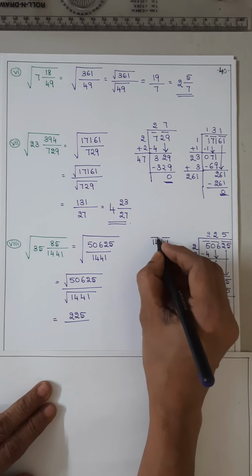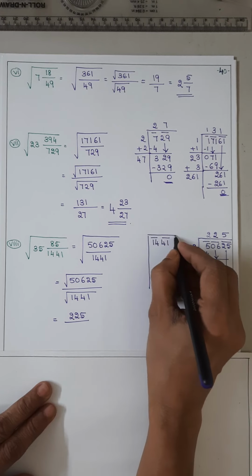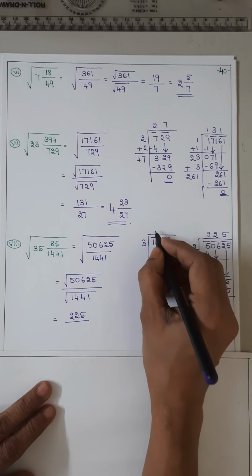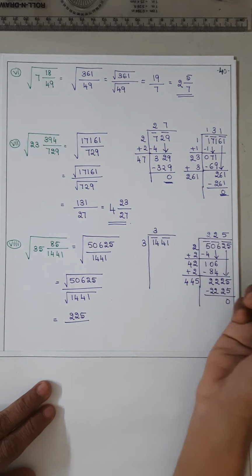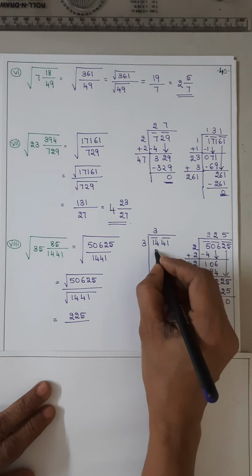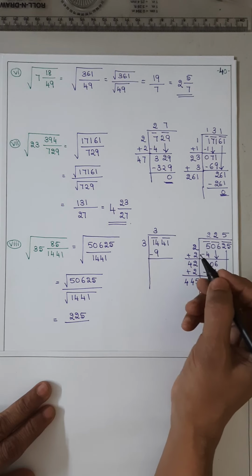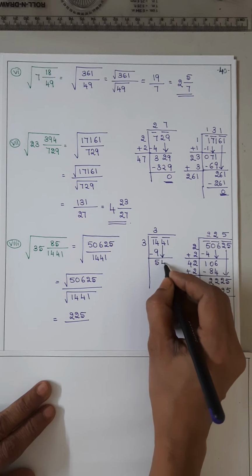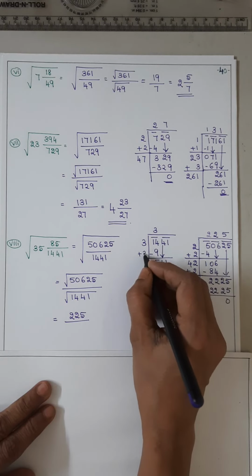1441. It is 14. It is a 3 3s are 9, 4 4s are 16. So we have to try with 3. 3 3s are 9. 14 minus 9 is 5. Bring 41 down. Add 3.